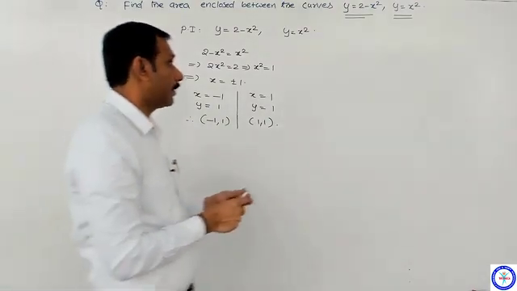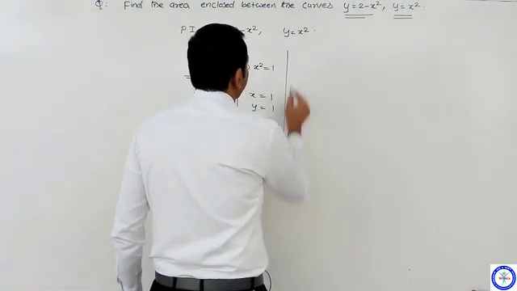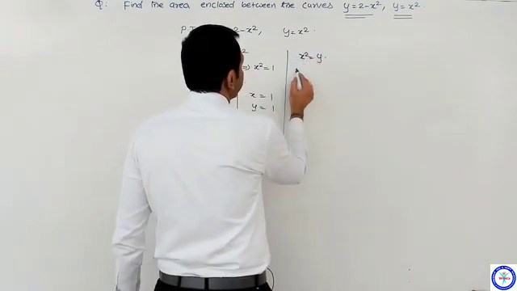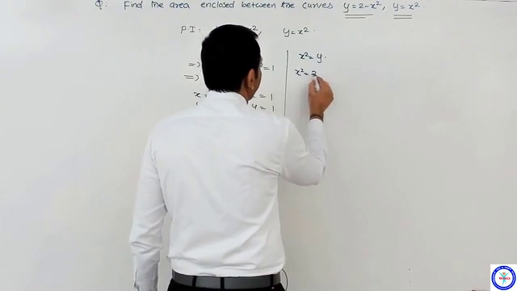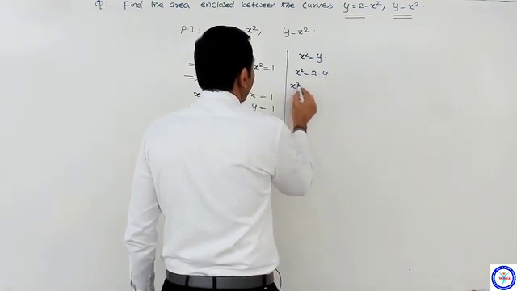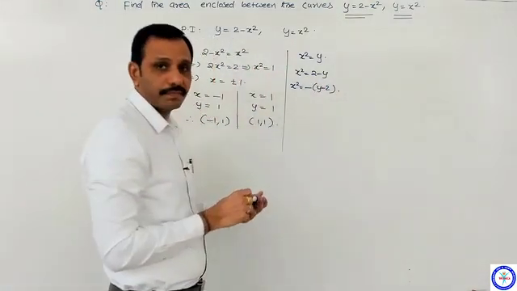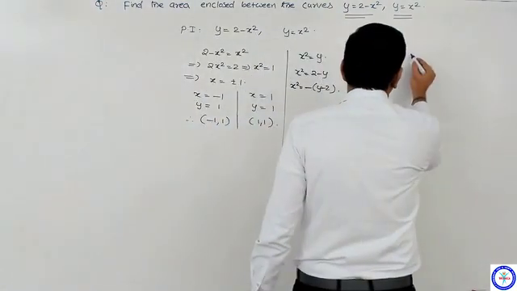Now, let us draw the parabolas. First equation, x square equal to y. Second equation, x square equal to 2 minus y, or x square equal to minus of y minus 2. Let me draw these two parabolas.